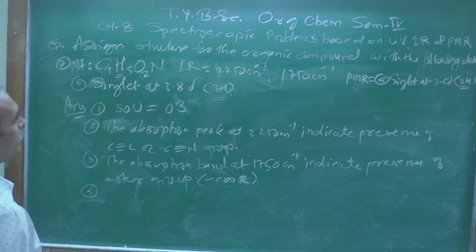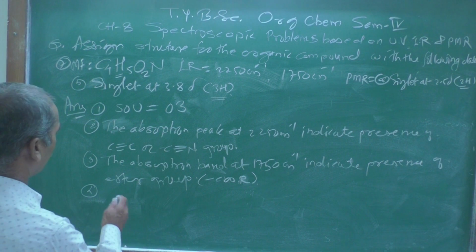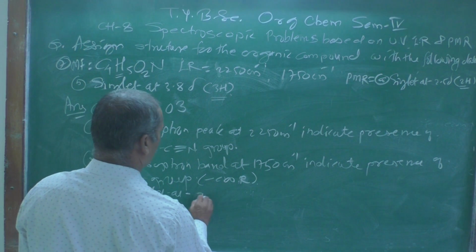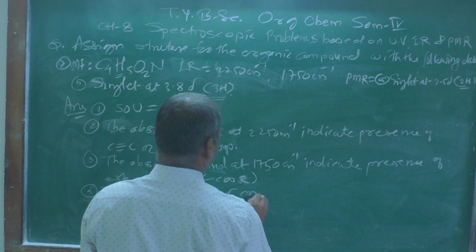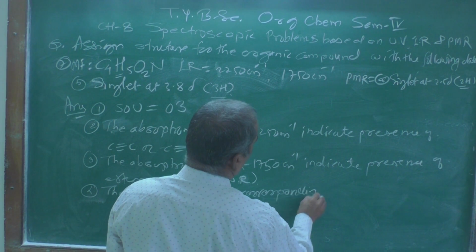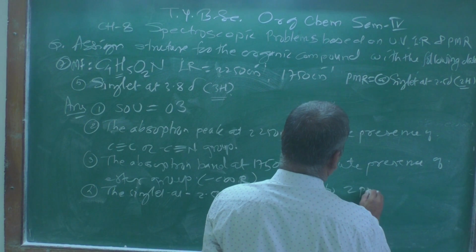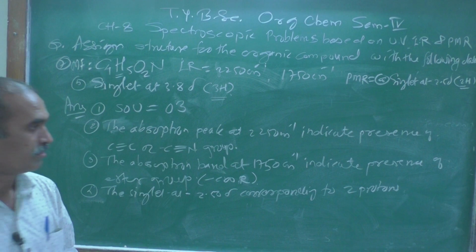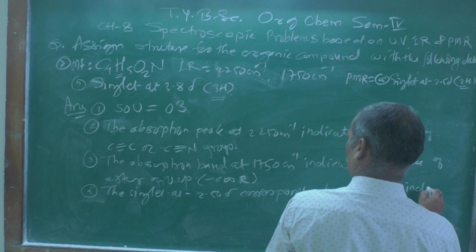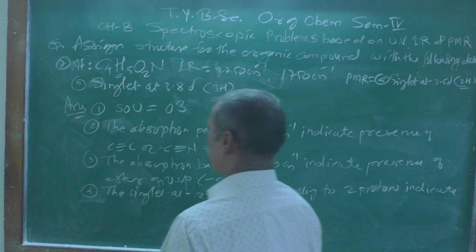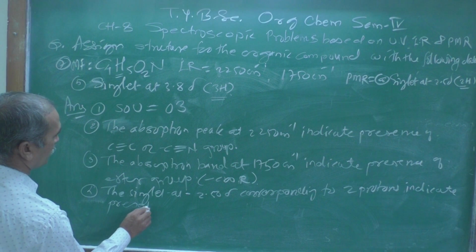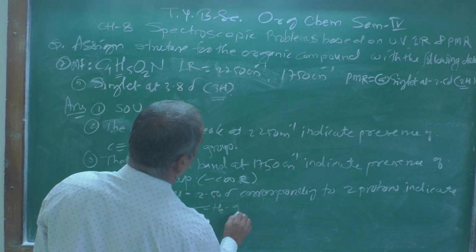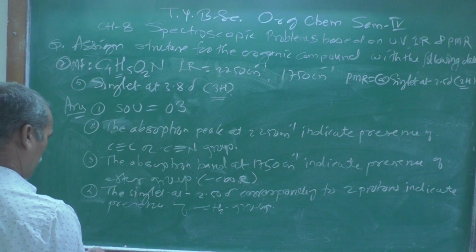Now the fourth point: the singlet at 2.5 delta corresponding to two protons indicates the presence of a CH2 group, with no neighbors at all.